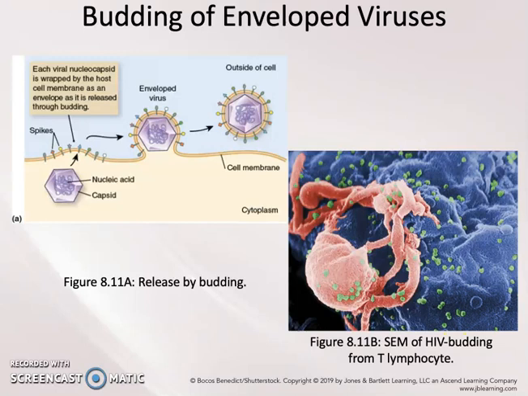This budding process, while it doesn't immediately kill the host cell, eventually results in death of the host cell because the host cell is spending all of its energy forming more viral particles instead of growing and surviving itself. All of this viral replication eventually leads to host cell damage, which is what our next topic will be in the next section of the lecture.